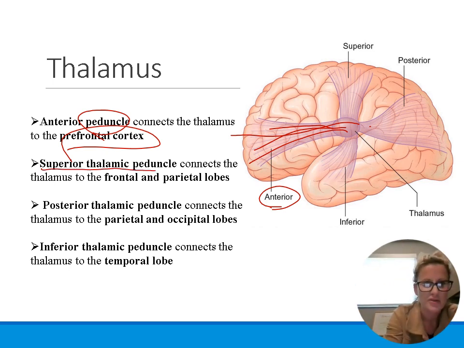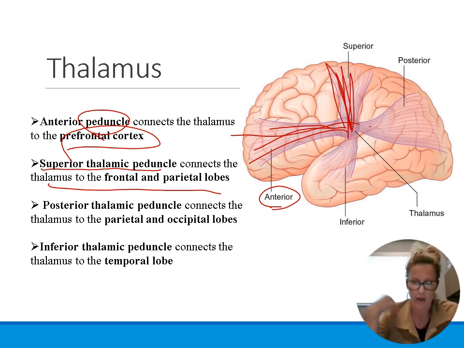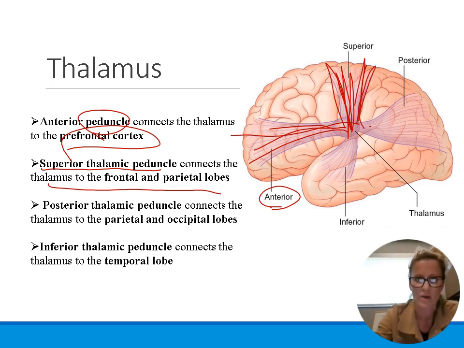The superior thalamic peduncle includes the fibers connecting the thalamus to both the frontal lobe, here where we have our motor cortex, and the parietal lobe here where we have our somatosensory cortex.